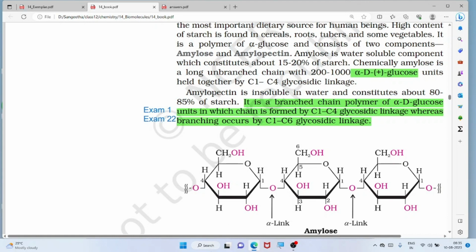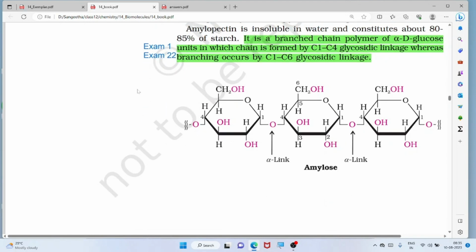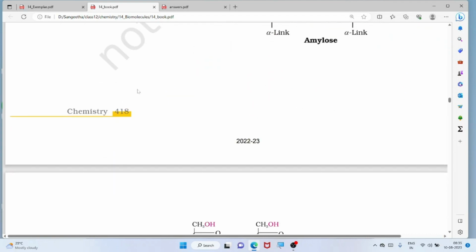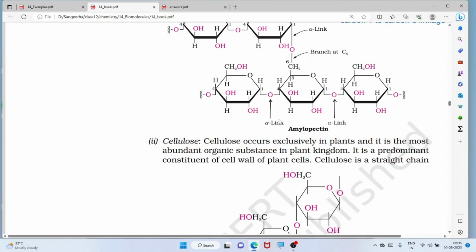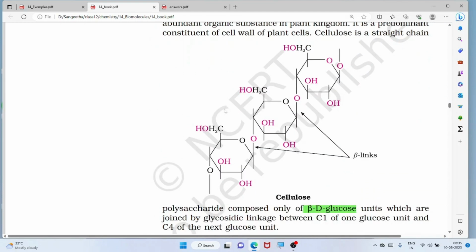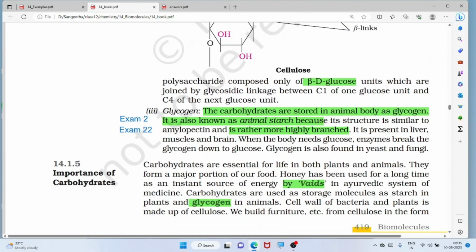This is C1-C6 and C1-C4, C1-C6. Glycogen also. These are the branched polymers.